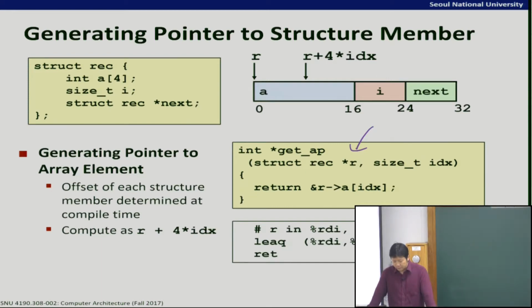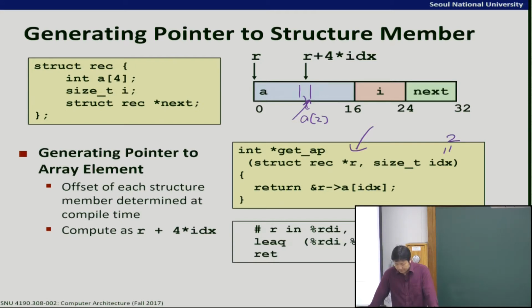What it does is it returns a pointer for the index, the specific element within the integer array, right? So let's say this index value is 2, then it will return the pointer for a of 2 within the struct. Okay, so that's what this function does. It returns the location of this element of the integer array.